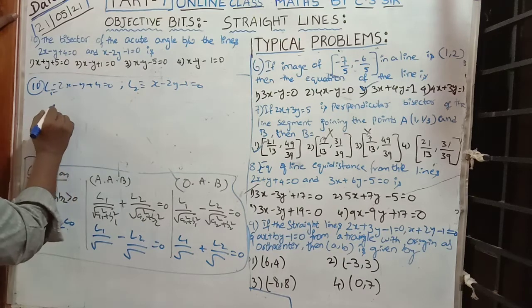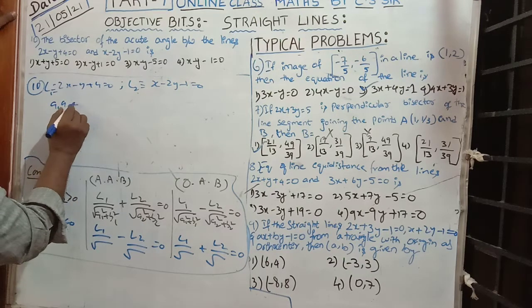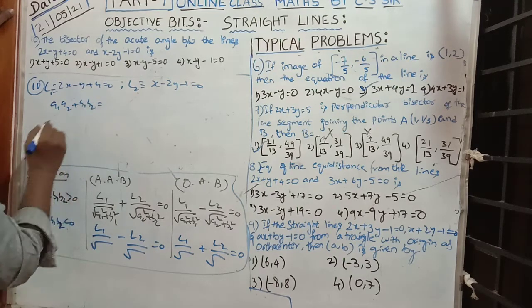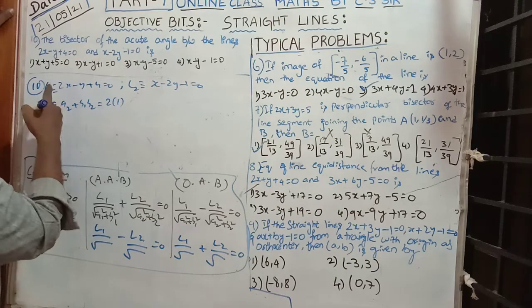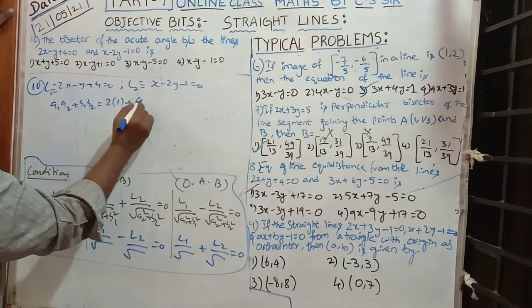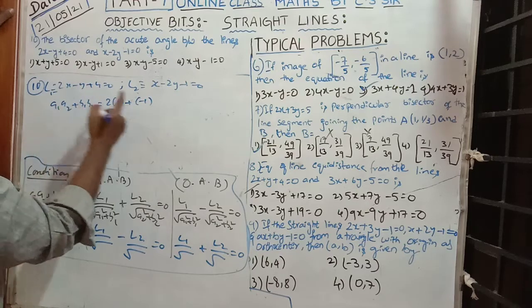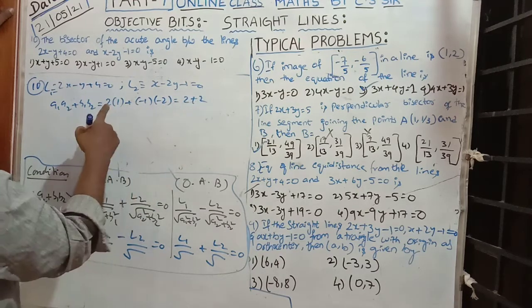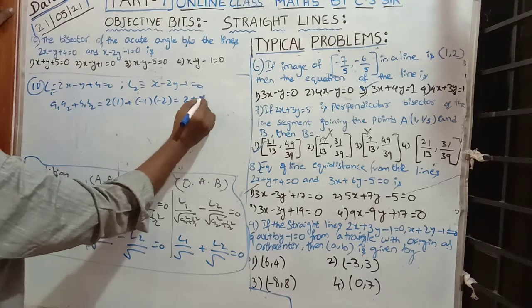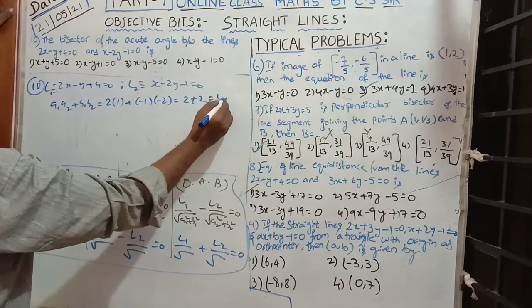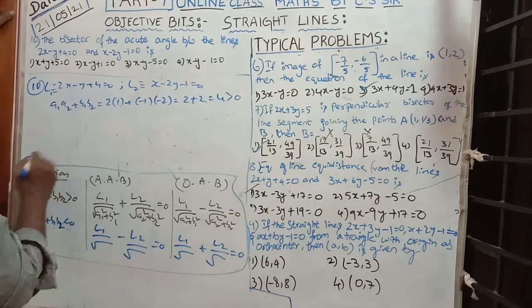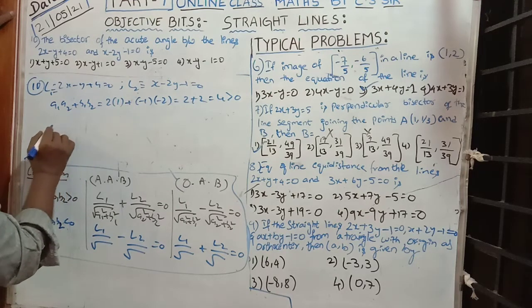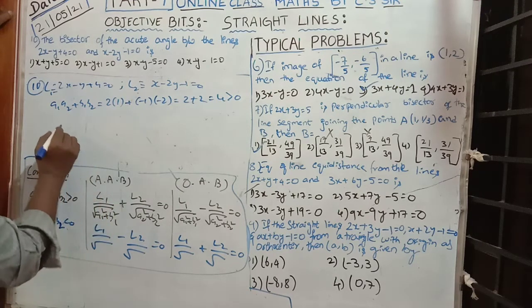First, A1A2 plus B1B2: 2 into 1 is 2, plus B1 is minus 1, B2 is minus 2, so minus 1 into minus 2 is plus 2. So it is 4, greater than 0. So for acute, the plus sign will come.